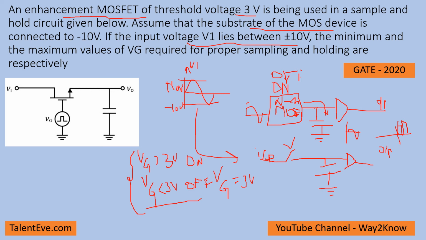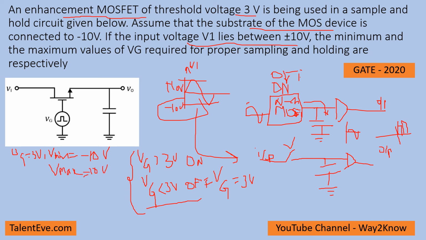So the threshold is 3 volts, the minimum voltage that is applied is minus 10 volts here, and the maximum voltage that is applied is 10 volts.